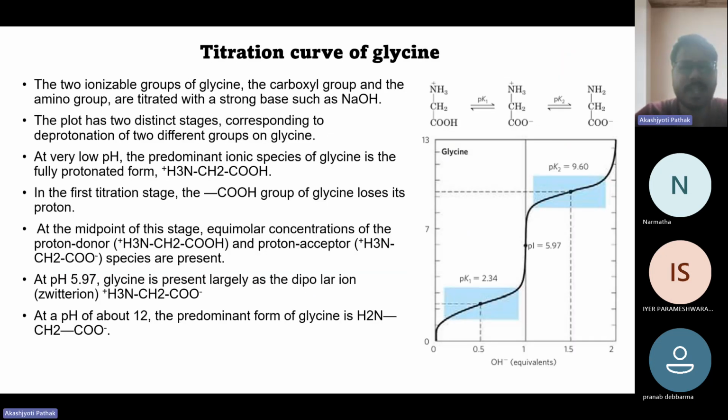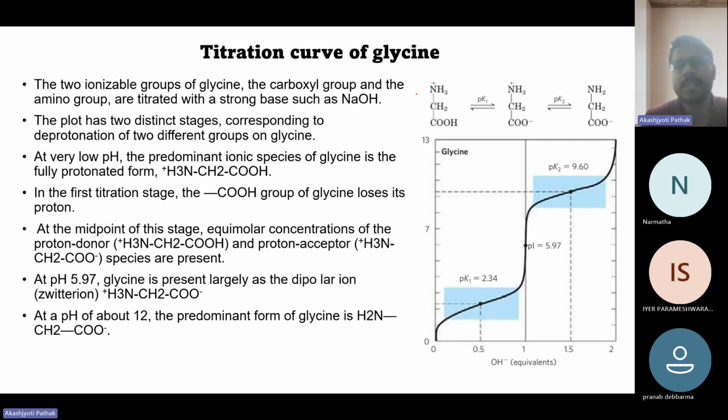So what is acid-base titration of an amino acid? You take an amino acid and you start adding a base to it. You start adding hydroxyl ions to the amino acid. So what will happen?